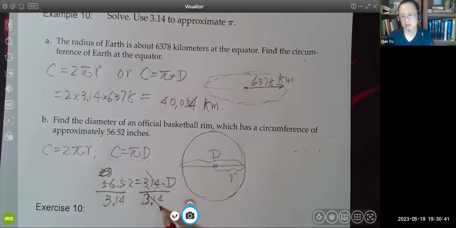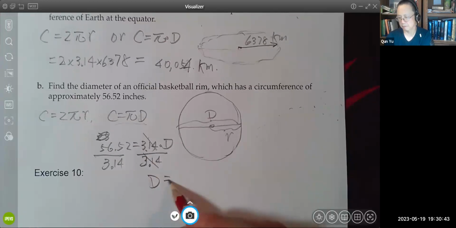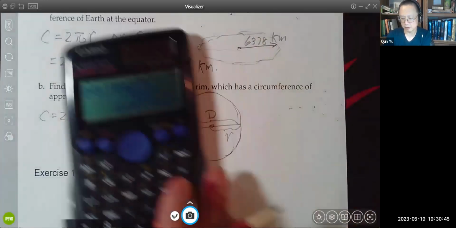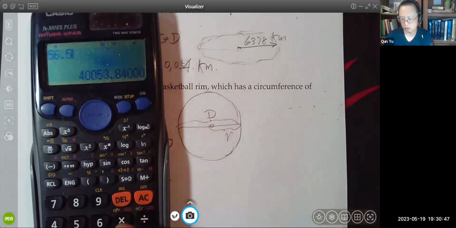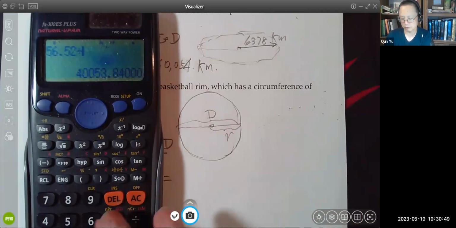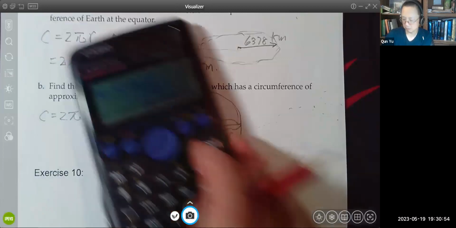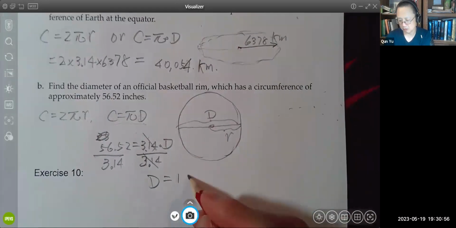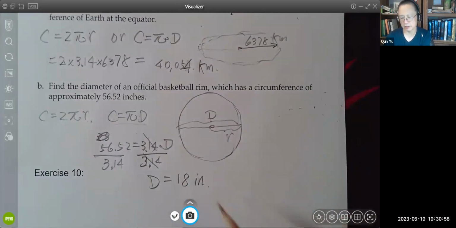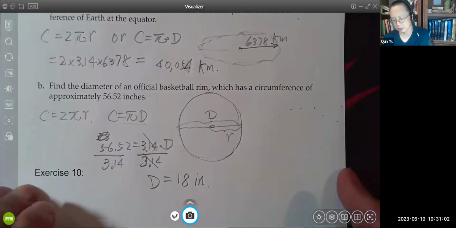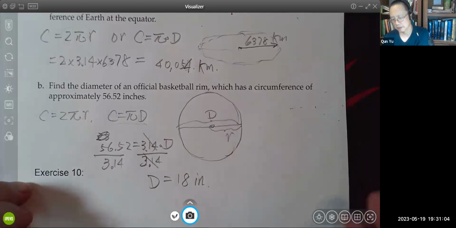So it cancels, and we get the diameter: 56.52 divided by 3.14, which is 18 even. So that's 18 inches. The diameter of this official basketball is 18 inches.